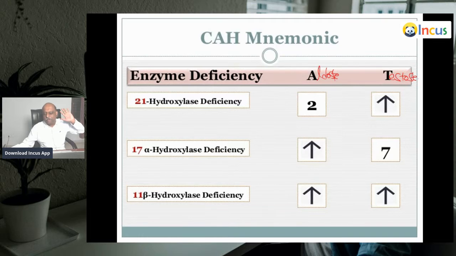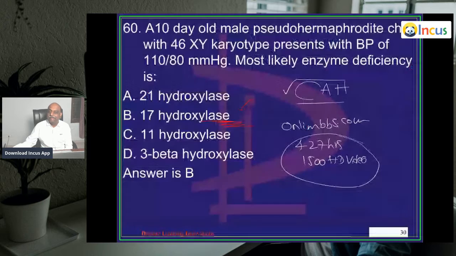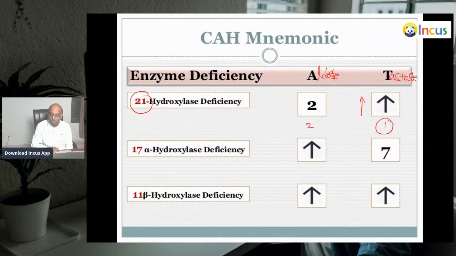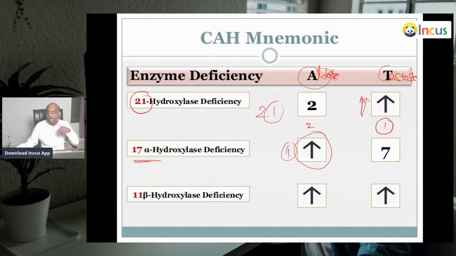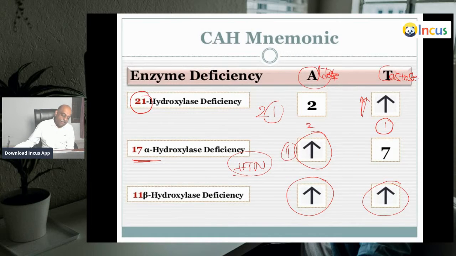Doctor, remember one thing: one is aldosterone, the other is testosterone. Make a simple mnemonic: 21 has a 2 and a 1. Wherever there is a 1, it gets elevated. So please don't forget, wherever there is a 1, it gets elevated. So with 21, who gets the 1? Testosterone, so that gets elevated. In 17 alpha, the 1 is in the aldosterone position. That's the reason aldosterone is elevated in 17 alpha, and that's the reason they will have hypertension. In 11 beta, they will have 1 in both positions, both testosterone and aldosterone elevated.